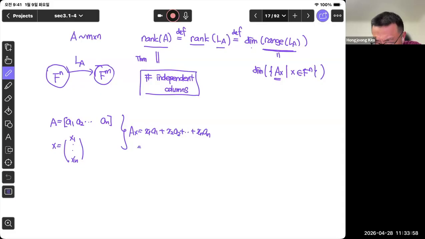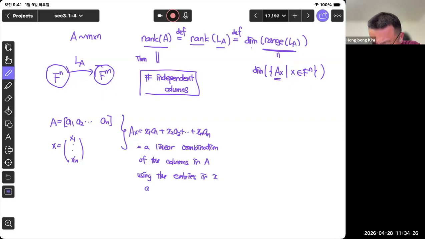So this is a linear combination of the columns in A matrix, using the entries in X as the weights of the linear combination, right?